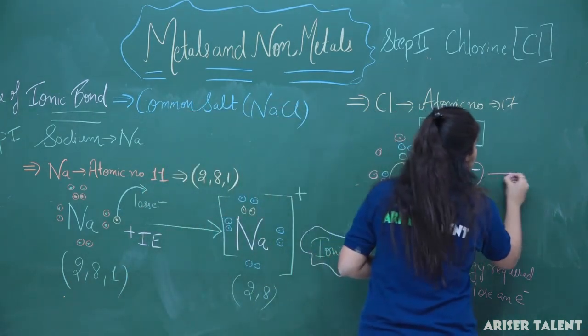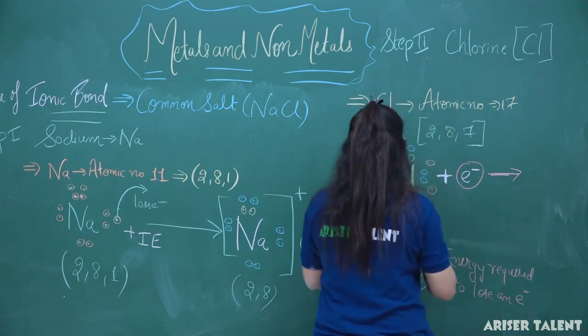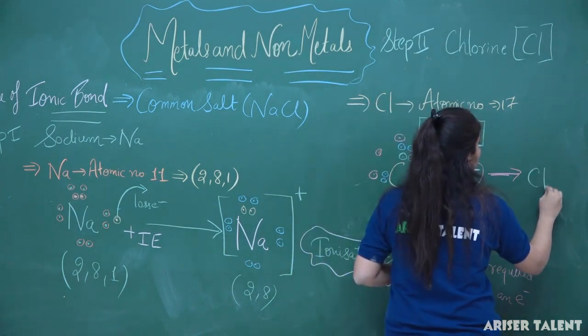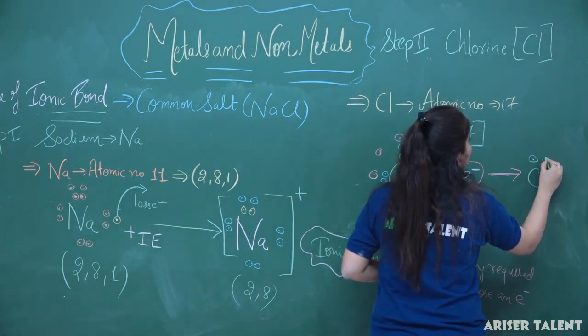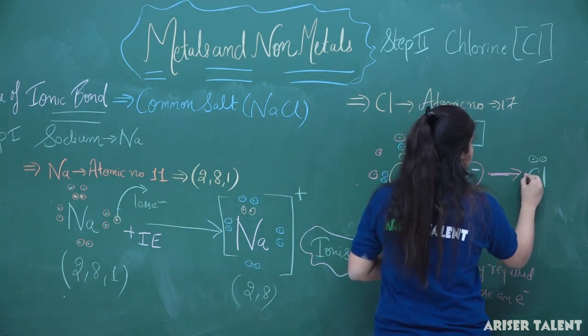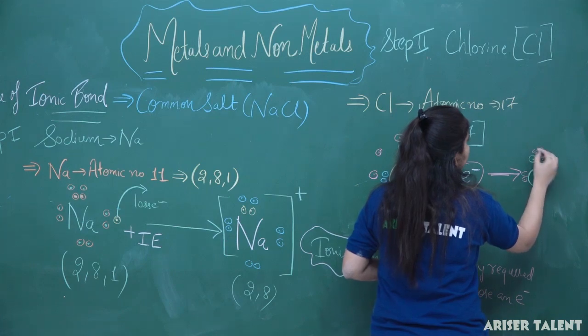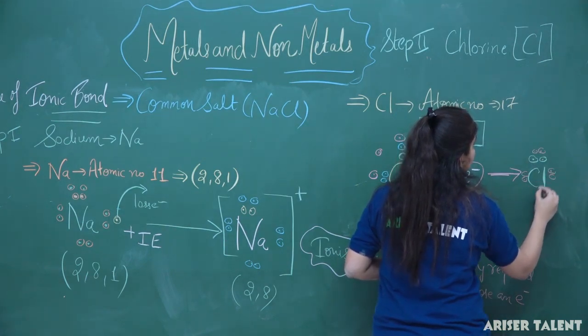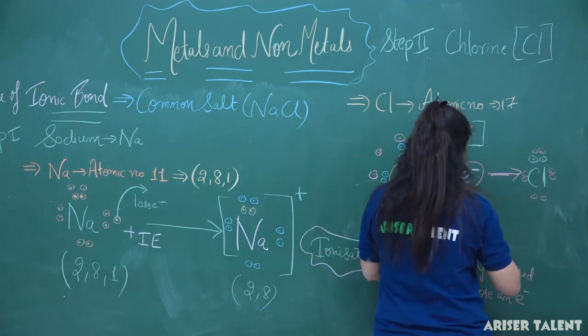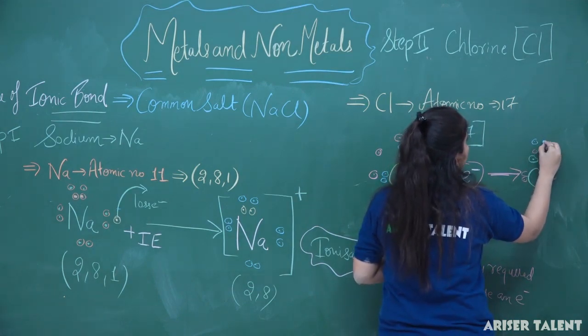So what is the basic structure for chlorine now? This is chlorine, again 2 electrons, then 8 electrons, and now again 8 electrons.